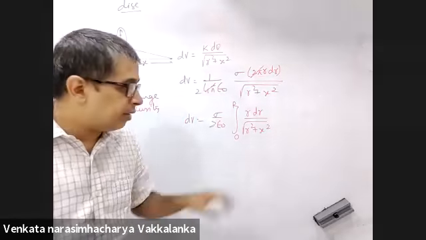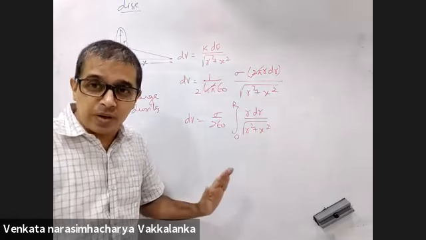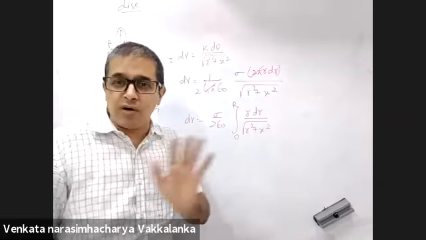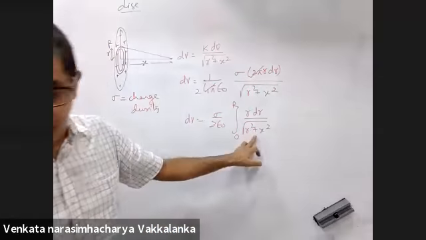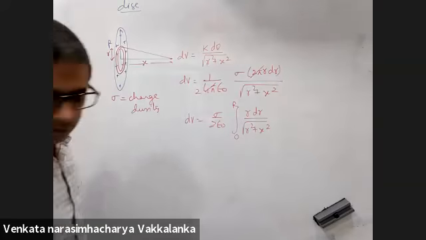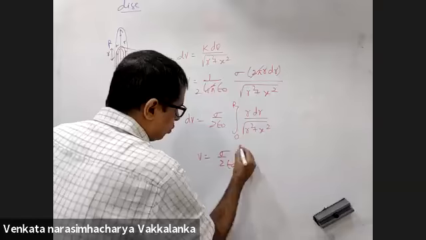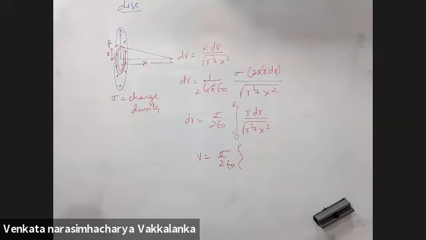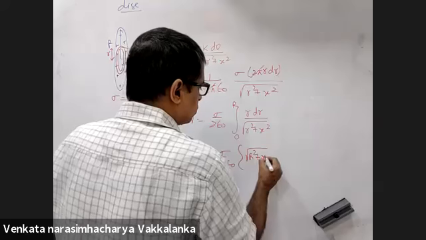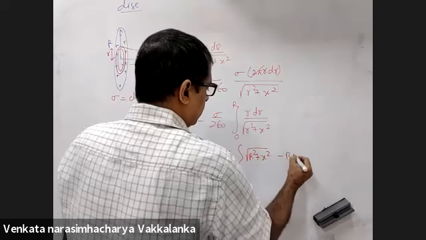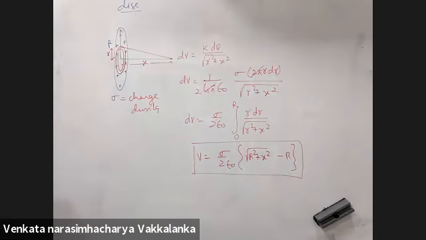By substitution. What will you substitute? r square plus x square equal to t square. We have done n number of those substitutions. You will be able to do this integral, right? No big deal. I will get potential as sigma by 2 epsilon naught. After substituting the limits, you will get root over of r square plus x square minus x.